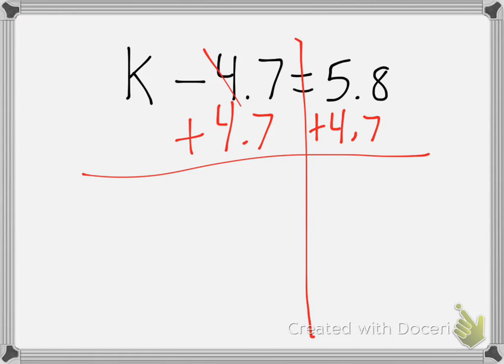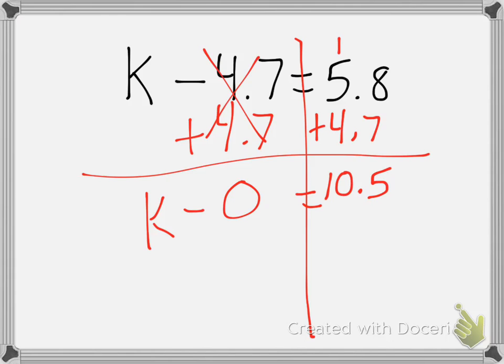This cancels out. You're left with 0, K minus 0, equals, then we just do a little addition on the other side. 8 plus 7 is going to give you 15. 5 plus 4 is going to give you 10. 10.5 is your answer. K equals 10.5.